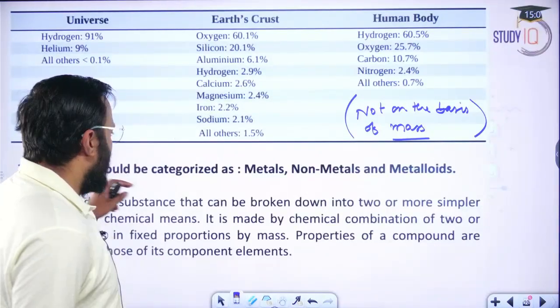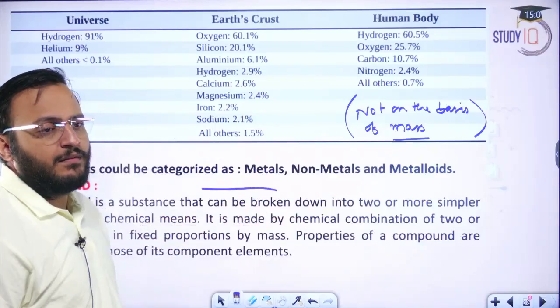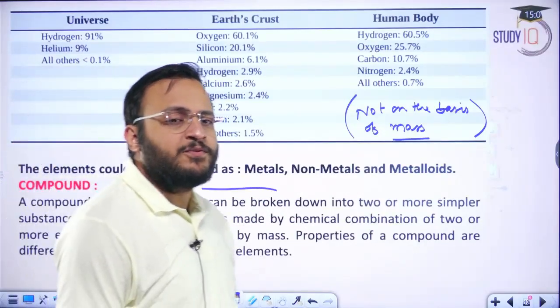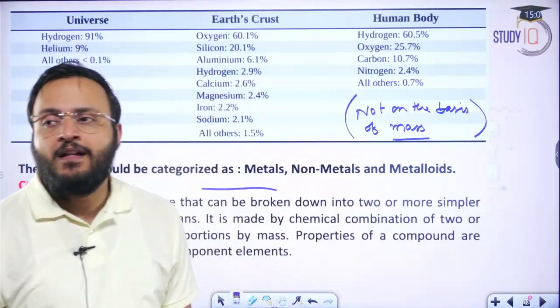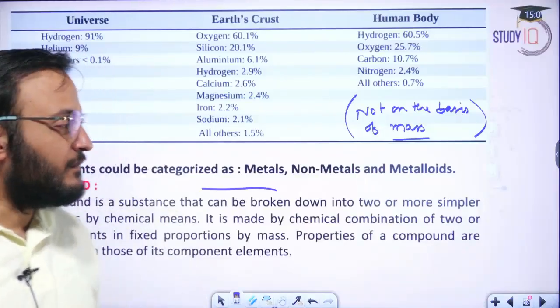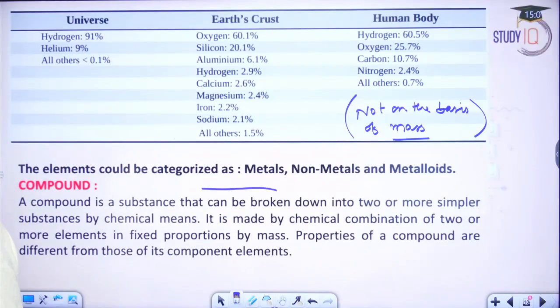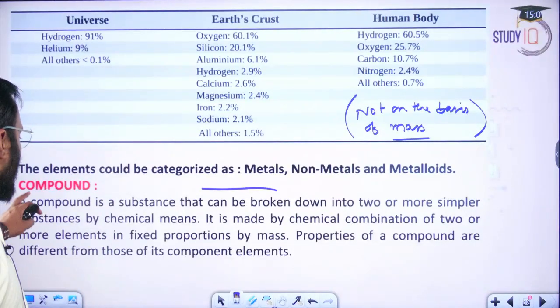Now we understand that elements are pure substances, and after that compounds. Then what is this compound which is written here?